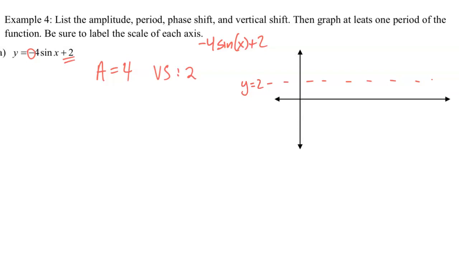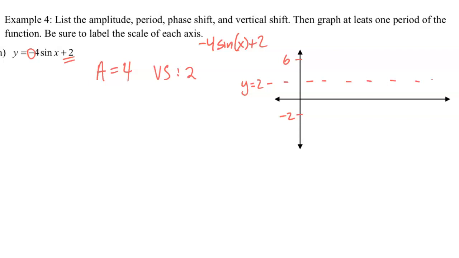To make the distance 4, that means my maximums are going to have to go up to 6. And my minimums are also going to have to be a distance of 4, which is that amplitude, from my midline, which is 2. And so the distance being 4 means that my minimums are going to have to occur at -2. That way you've got a distance of 4 on both sides of your vertical shift.